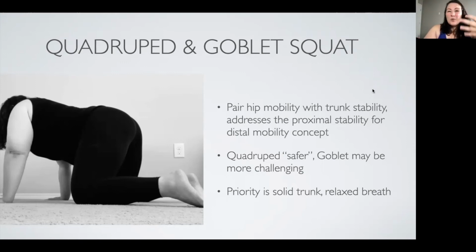The way that we're set up as humans is that our joints are stacked so that one is mobile, one is stable. Next one's mobile, next one's stable. So that two naturally mobile joints aren't paired next to each other, because then they don't have the stability to really function in a healthy manner.